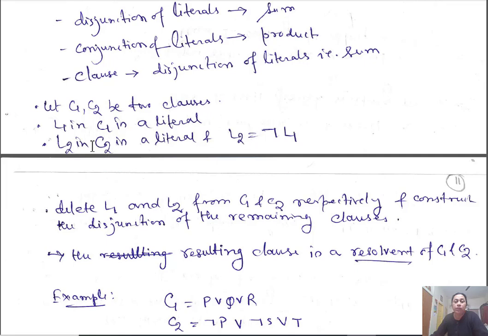L1 and its negation are nullified. Whatever disjunction you get is called the resolvent of C1 and C2.